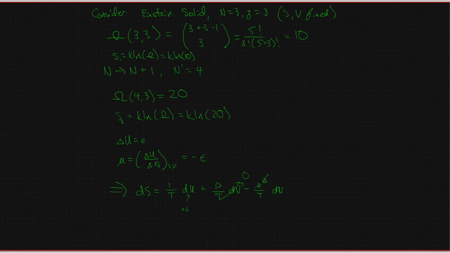And this is minus epsilon. Did I mess something up here? I did. This should be a minus. Then this whole thing just vanishes. What did I do?